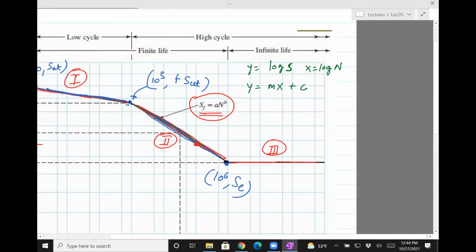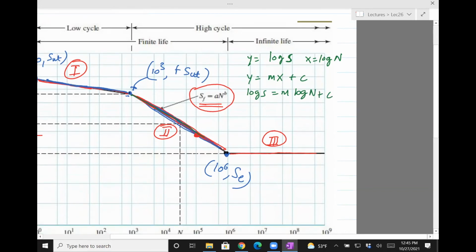That's the equation of a straight line, but we can sub in the value for y. It's log s equals m log n plus c. Now there's a rule in logarithms, which is you can write m log n as log n raised to m, right? That's same as m log n.